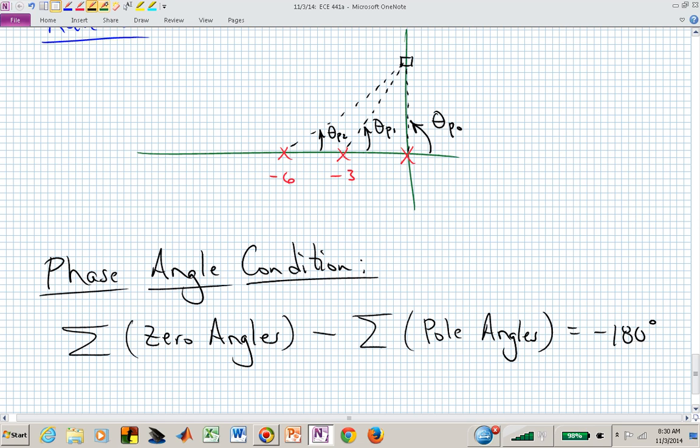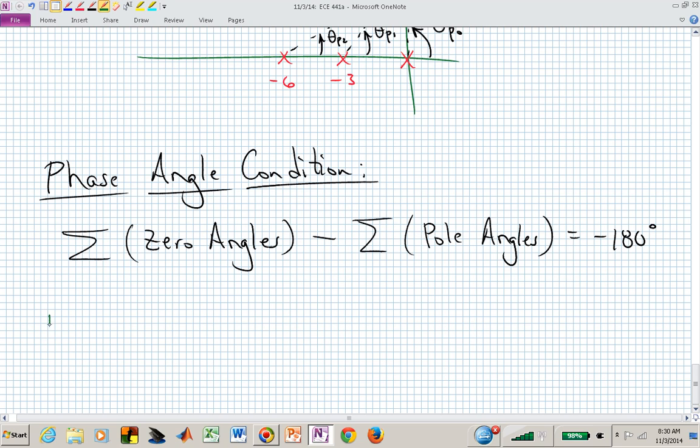In this particular example, I now have no zeros, so I'm just saying minus theta p0 plus theta p1 plus theta p sub 2 must equal minus 180 degrees.